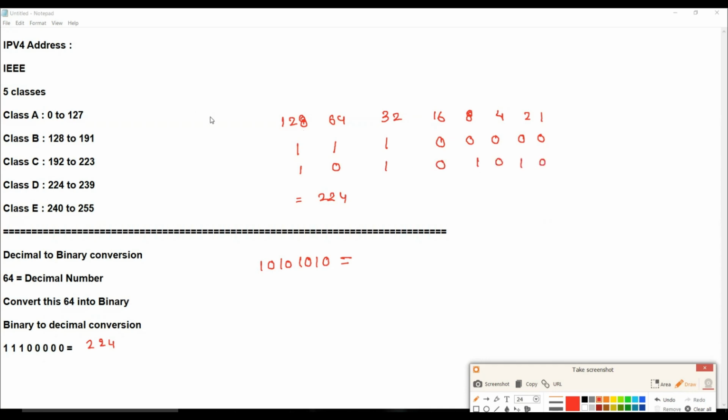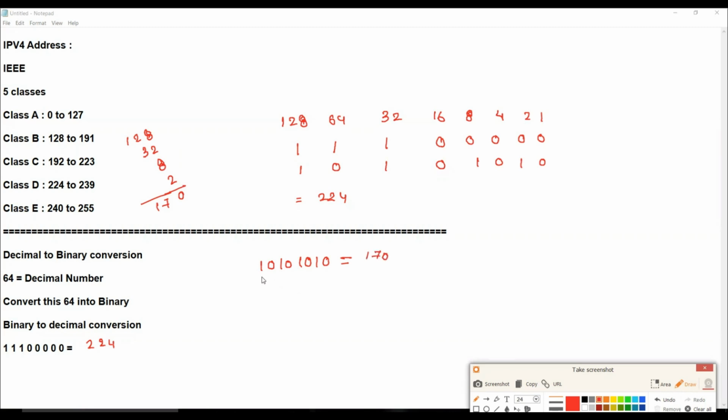So you get the answer as 128 plus 32 plus 8 plus 2, which is 170. So the answer that you get is 170.